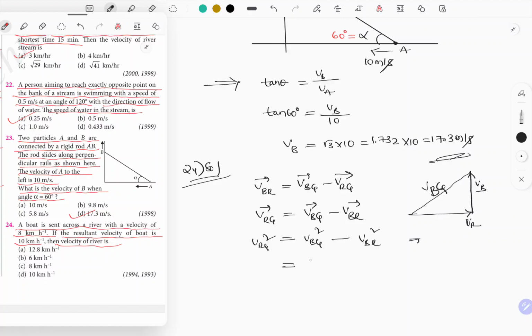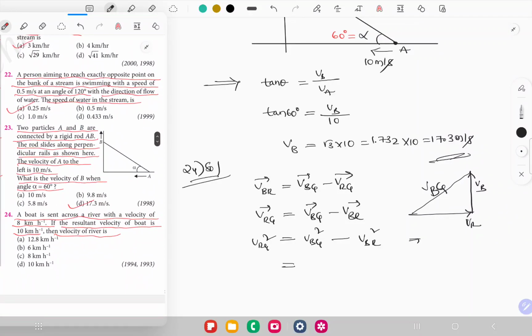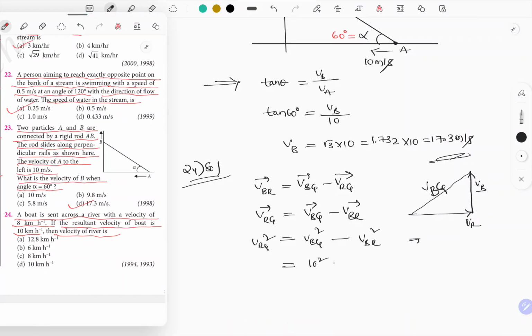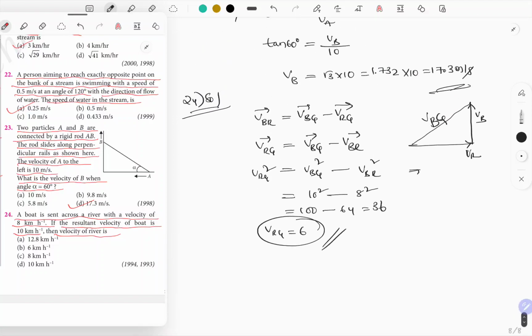So what is the VBG? Resultant velocity with respect to ground is 10, so it is 10 square minus 8 square. 10 square is 100 minus 64, which is equal to 36. Then VRG is equal to 6. This is the answer. Next.